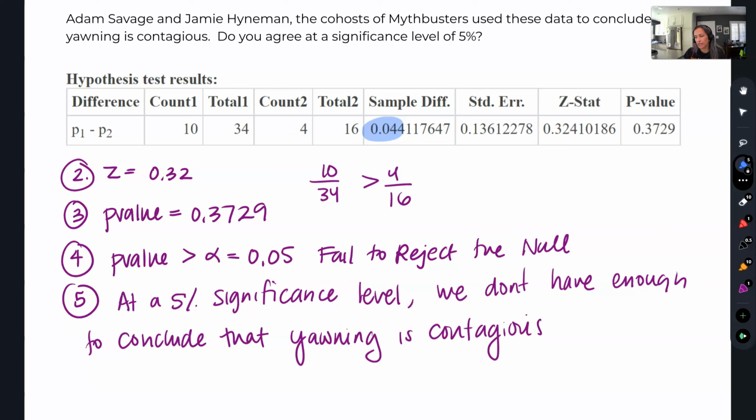And right here, that 4 out of 16 is way too small. We're not going to have np and nq being greater than or equal to 10 for that second group especially, not even for the first group. So pulling off an actual test here is a little bit questionable based on the fact that we haven't met our conditions for inference.